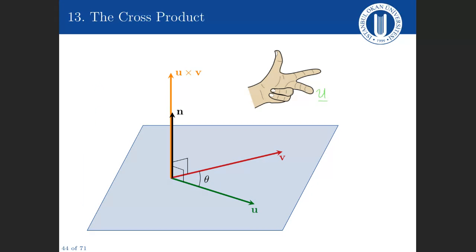Hold your hand so that your second finger points in the same direction as u. Hold your hand so that your first finger points in the direction v. And then your thumb, assume that this angle is 90 degrees, will tell us the direction of a new vector n.